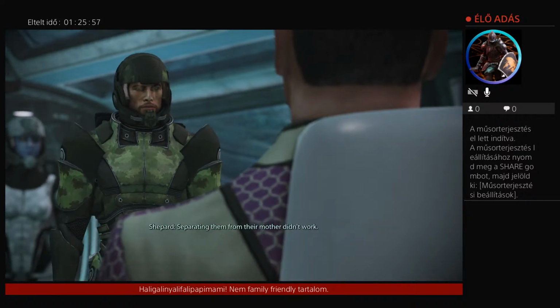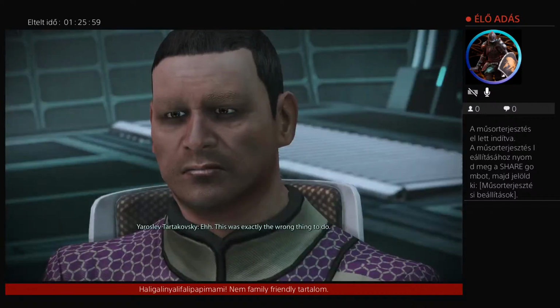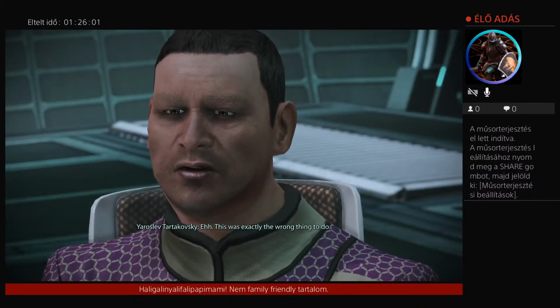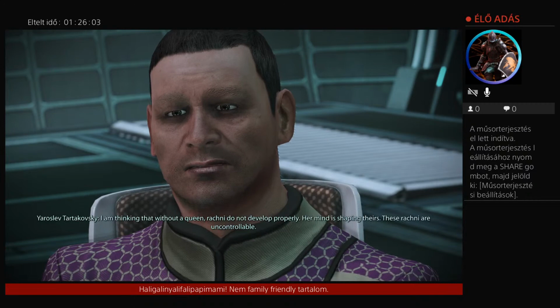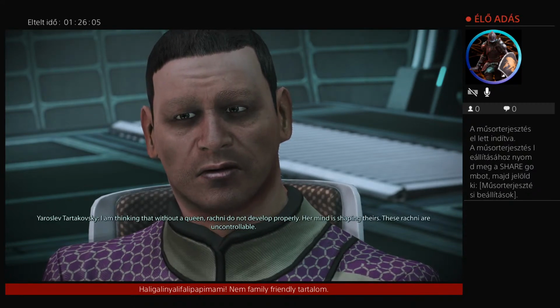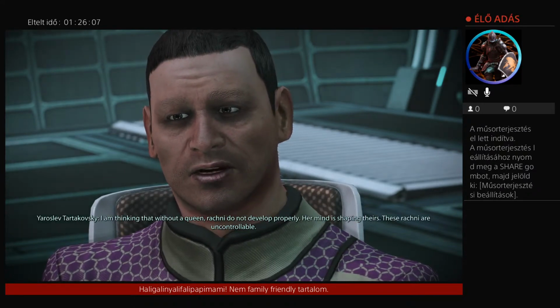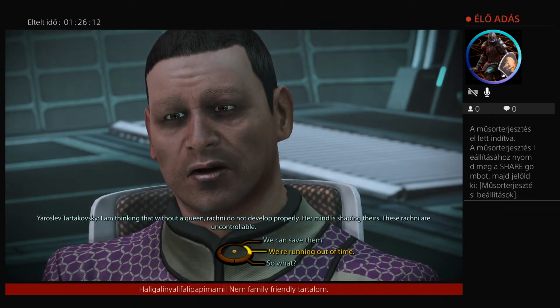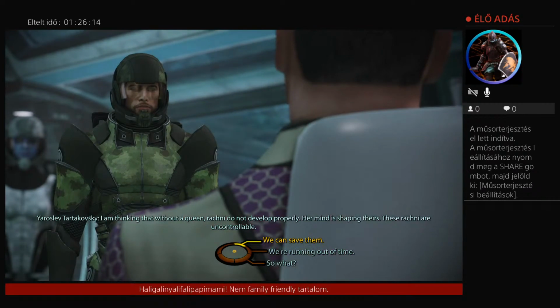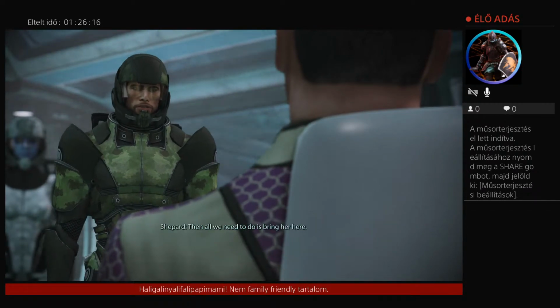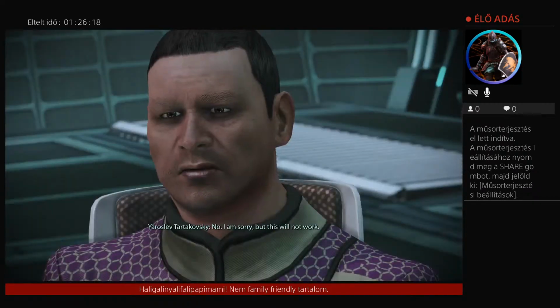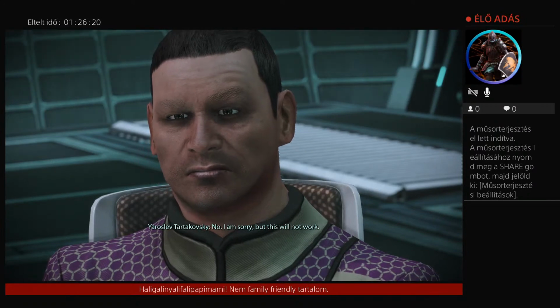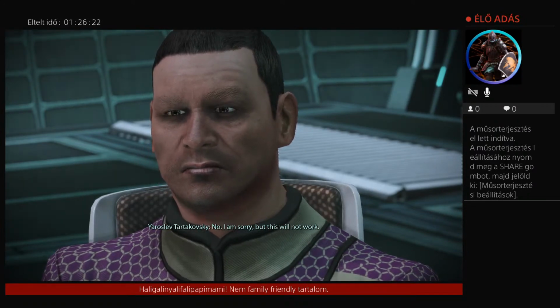Separating them from their mother didn't work. This was exactly the wrong thing to do. I am thinking that without a queen, Rachni do not develop properly. Her mind is shaping theirs. These Rachni are uncontrollable. Then all we need to do is bring her here. No, I am sorry, but this will not work.